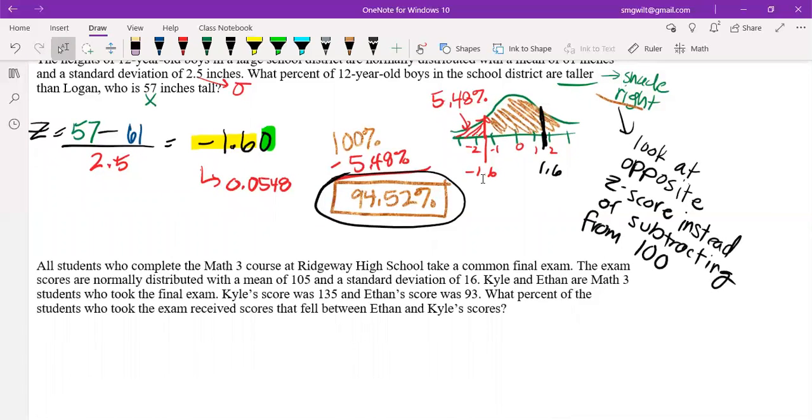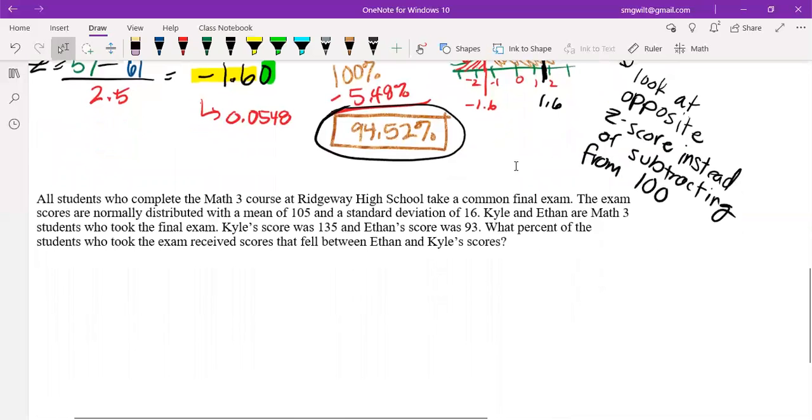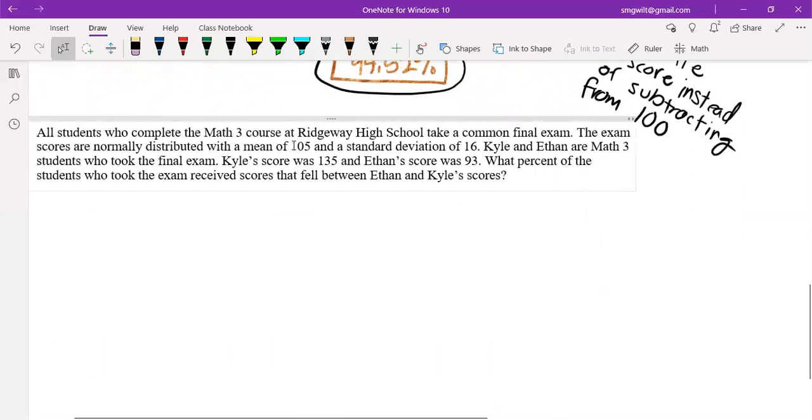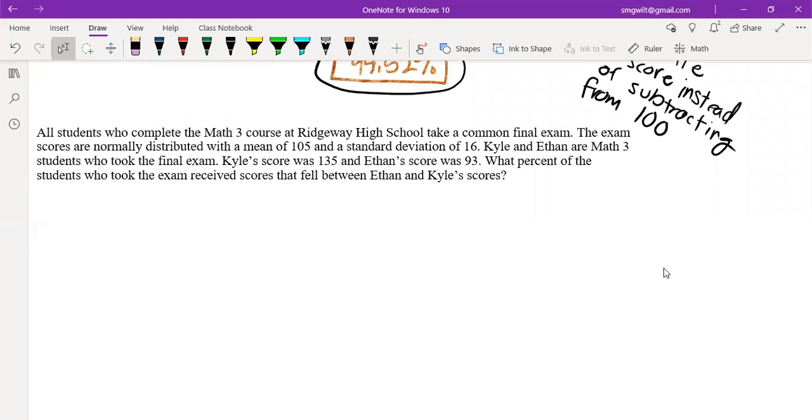The final one is a between. With the between, we have to find both z-scores and subtract. All students who complete the Math 3 course at Ridgeway High School take a common final exam. These scores are normally distributed with a mean of 105, so that's our mu, and a standard deviation of 16. Kyle and Ethan are Math 3 students who took the exam.